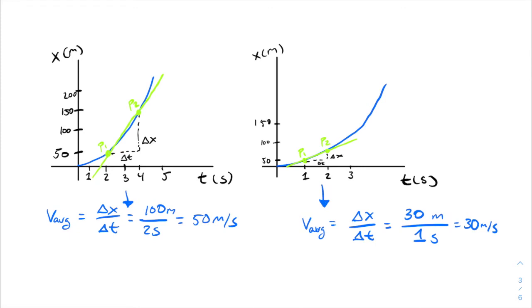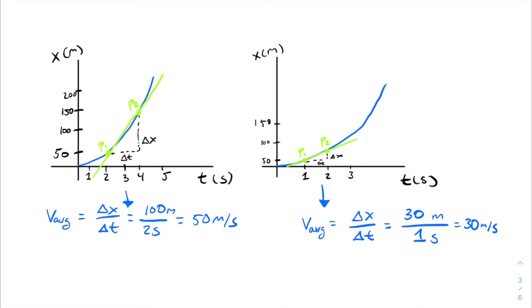We have 2 points, P1 and P2. P1 is the initial position, which corresponds to 50 meters at 2 seconds, and the final position P2 corresponds to 150 meters at 4 seconds.